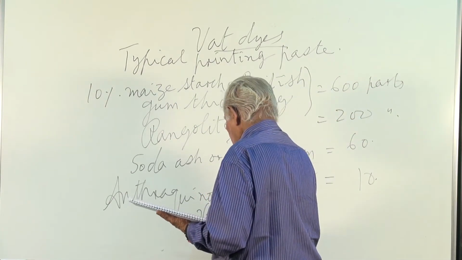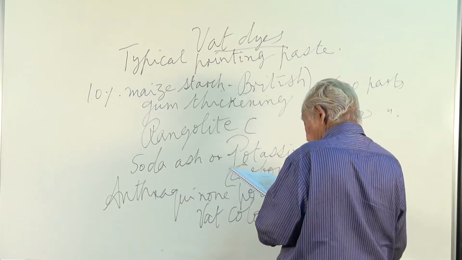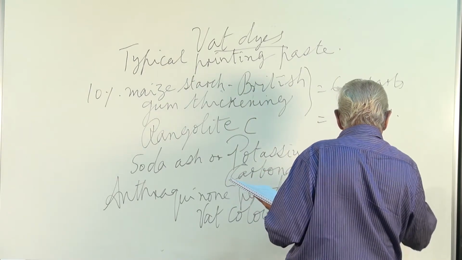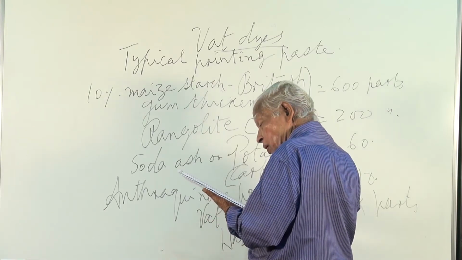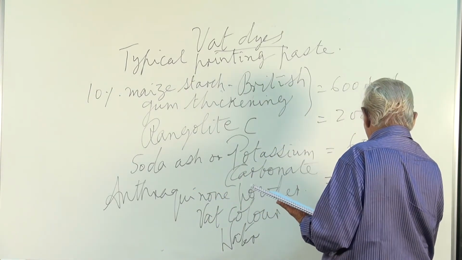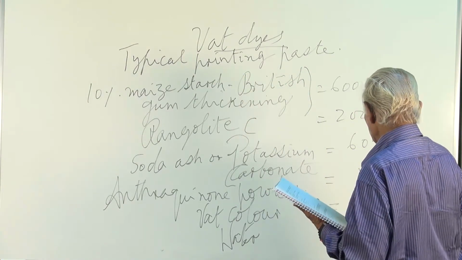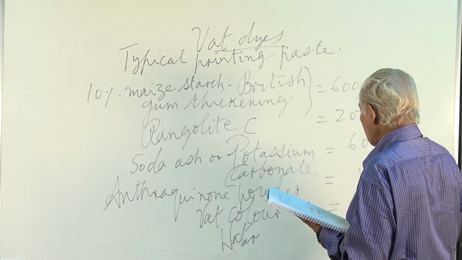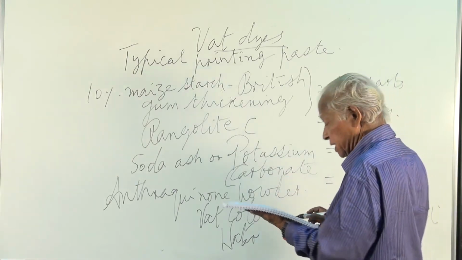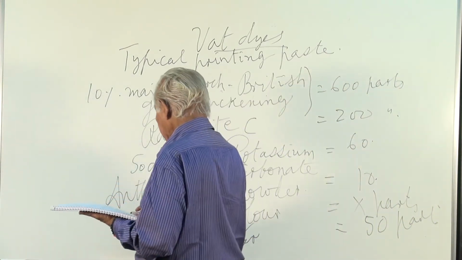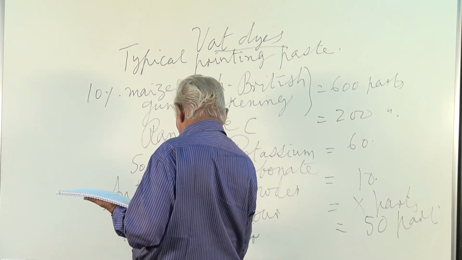Vat color X, that means concentration will vary depending on the shade. Water, 50 parts. So it is 1000 parts here, and the steaming condition is 9 to 10 minutes in saturated steam. Saturated steam using ager.